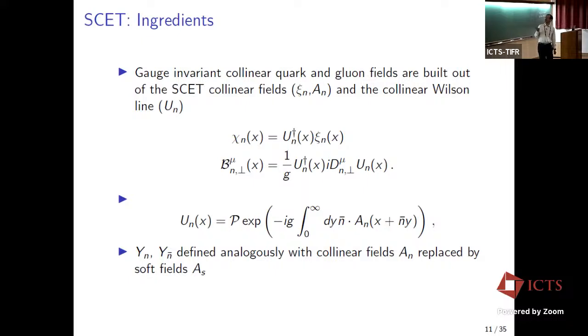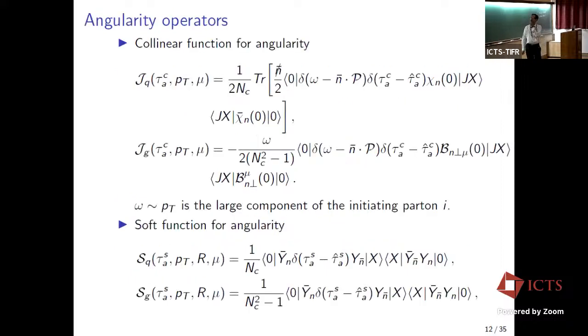Similarly, you can write the parts which give you the soft dynamics, and these can also be taken into account. Okay, so maybe just to complete the story, you can write operator definitions for the collinear and the soft functions. So the soft function involves the soft fields. These are the collinear fields.